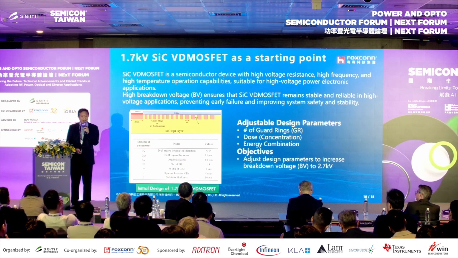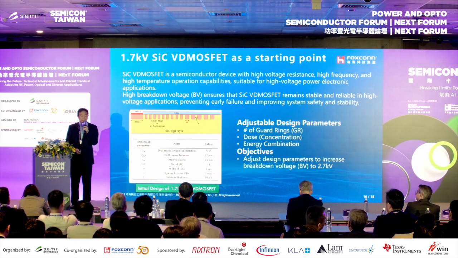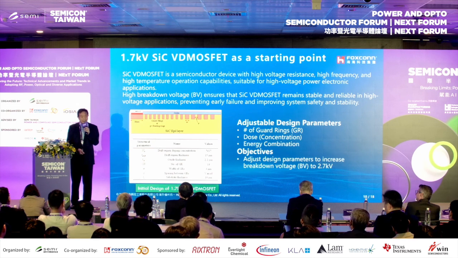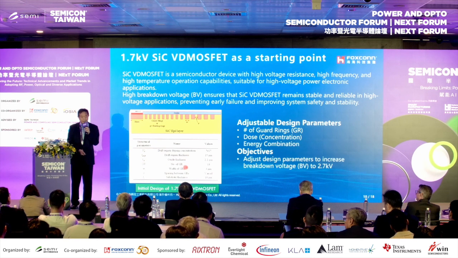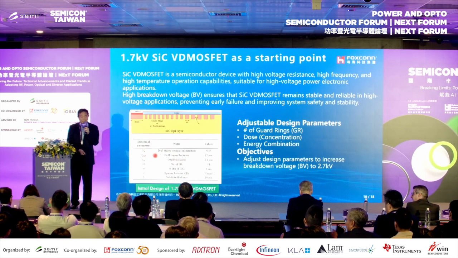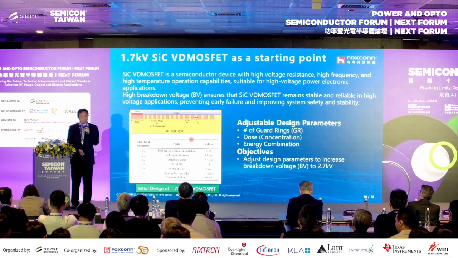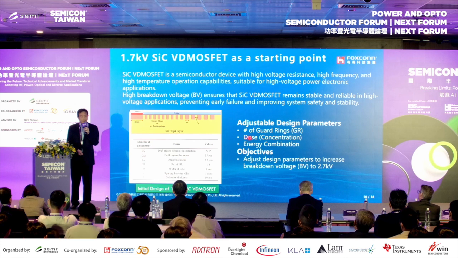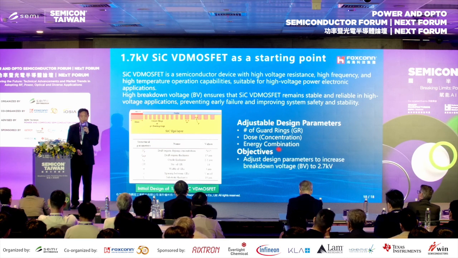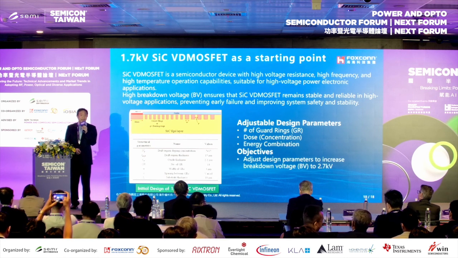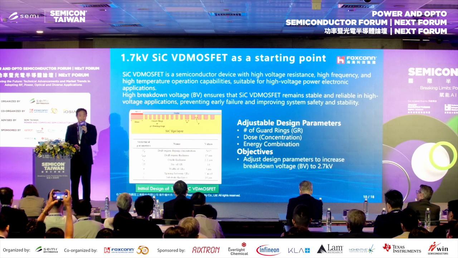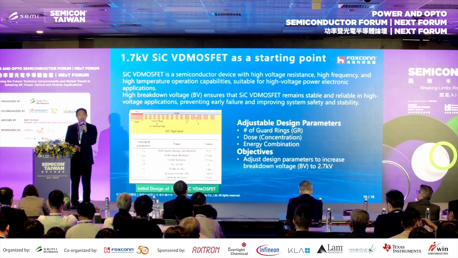There are a lot of design parameters in the silicon carbide MOSFET as listed in the pictures here. And among them, we choose 3 sets of parameters, including number of guard rings, dose concentration, and energy combination. As we were told by the semiconductor people that these are the most important design parameters.